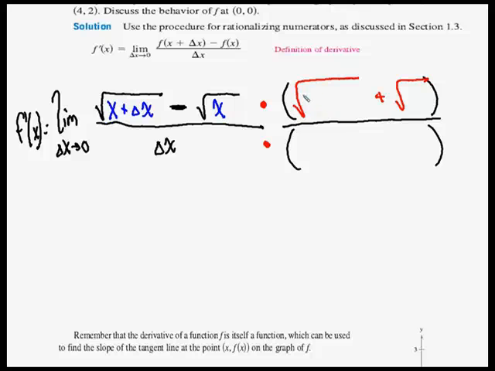In the first one, we're going to have x plus delta x, and in the second one, just our plain old x. And if we multiply the numerator by this conjugate, it's only fair that we multiply the denominator by that exact same conjugate. That way, anything divided by itself is 1. We're sort of multiplying this limit by a form of 1.